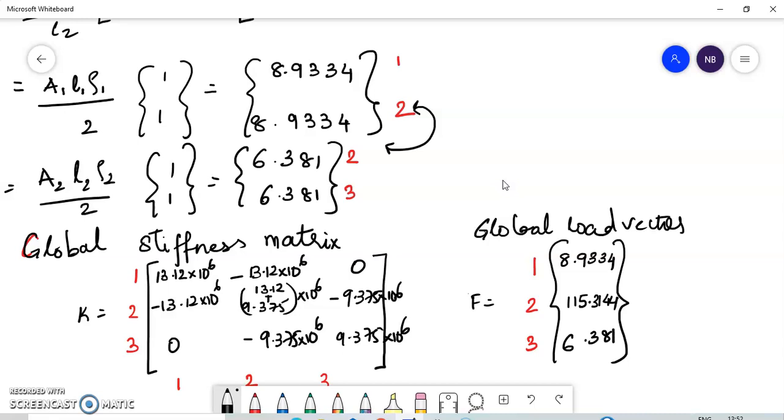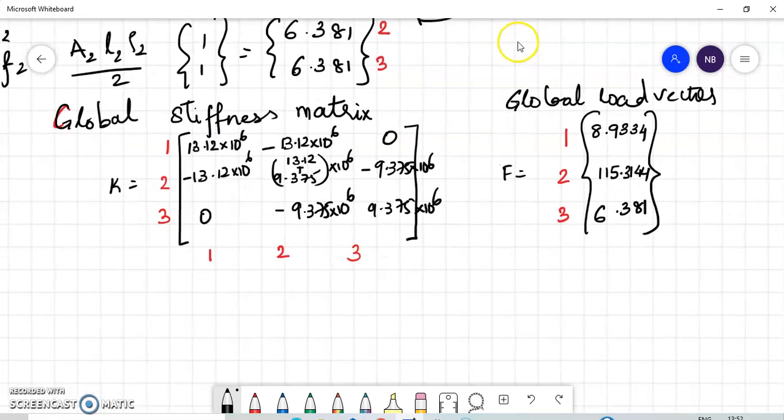We are asked to find out what is the displacement using the elimination approach.